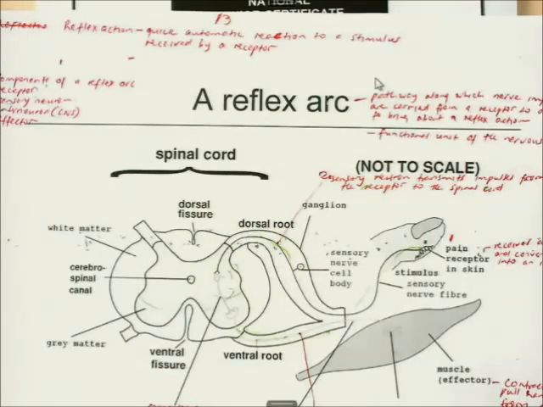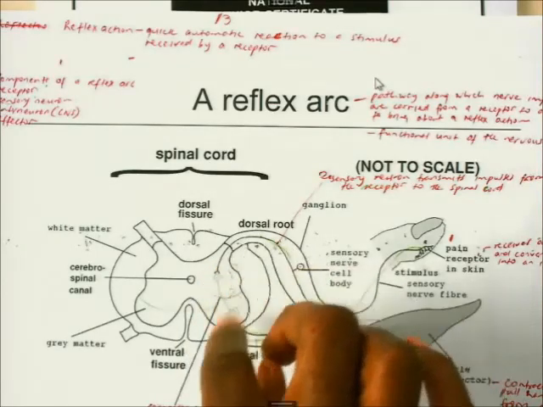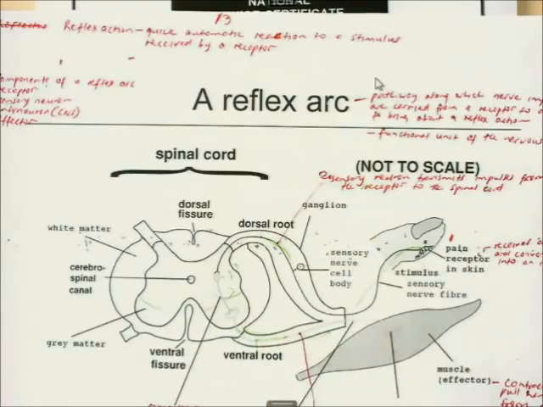So the sensory neuron will take impulses to where? To the spinal cord. In the spinal cord there is an interneuron. From the interneuron, impulses will what? Will leave the spinal cord via what? Via the ventral root, being taken by a motor neuron, which will take impulses to where? To the effector.